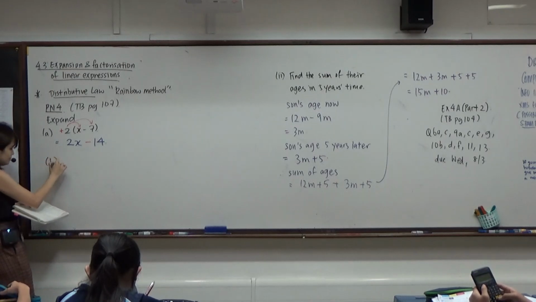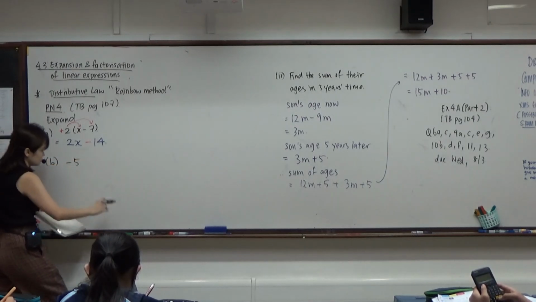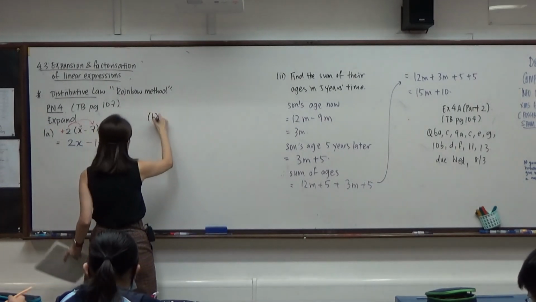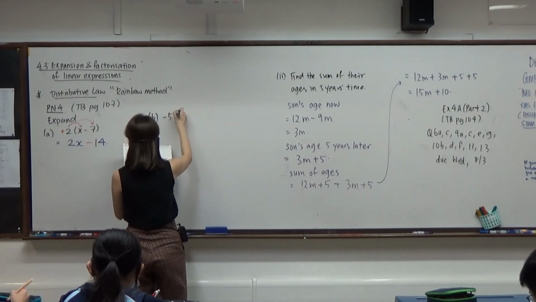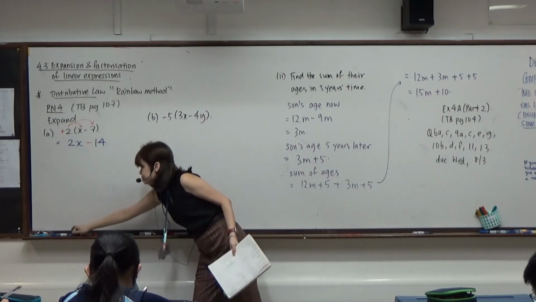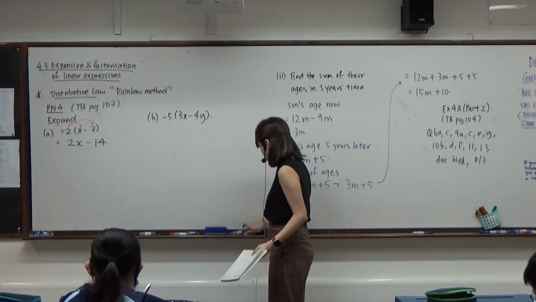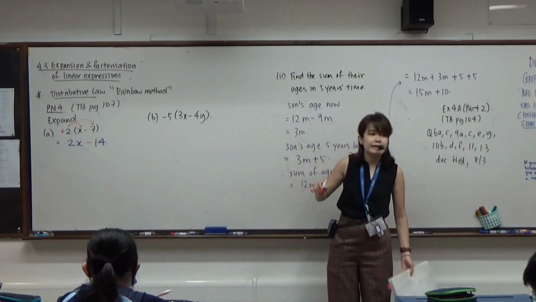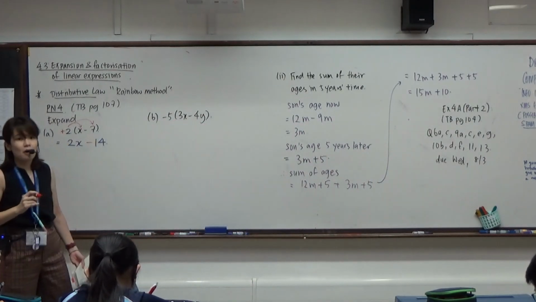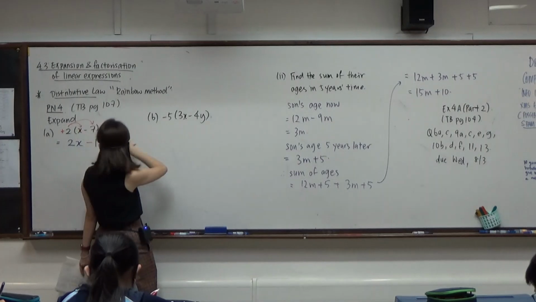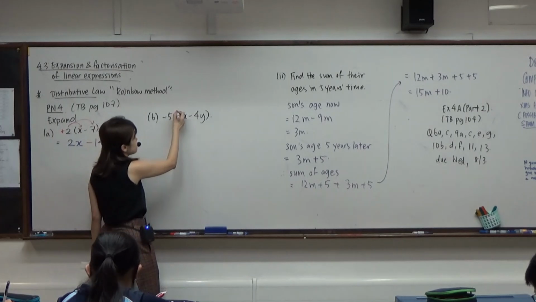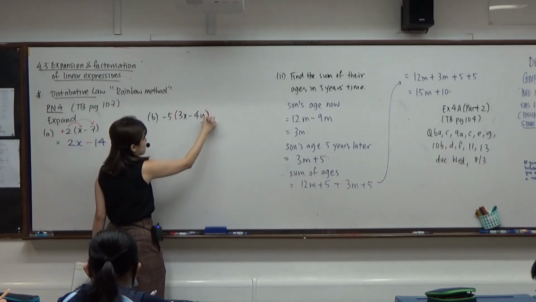We do another one. Next we have negative 5 bracket 3x minus 4y. Now I forgot to explain why we're multiplying when I do my rainbow: these brackets serve as multiplication.